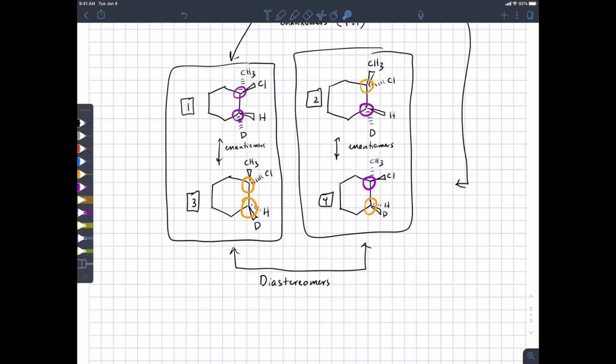We're going to introduce a way of talking about these two different diastereomers. It's going to be similar to the way we talk about alkenes. You remember alkene diastereomers, cis versus trans. We're going to have a related set of terms for these two pairs of diastereomers.